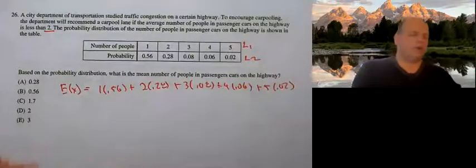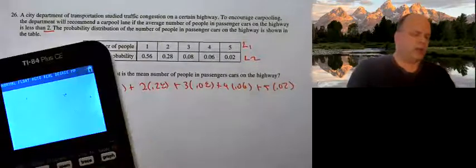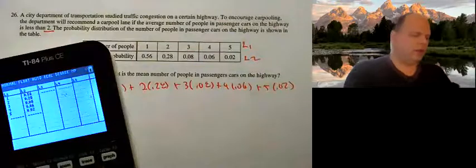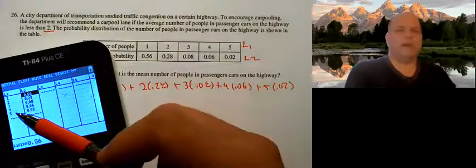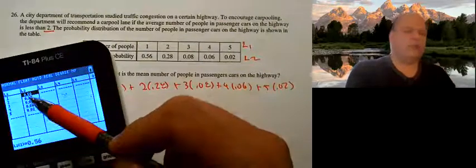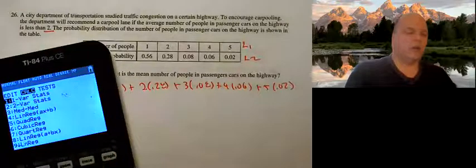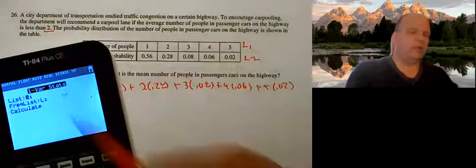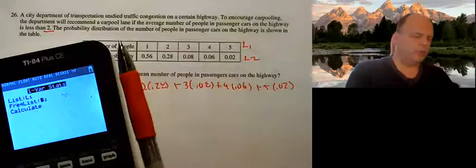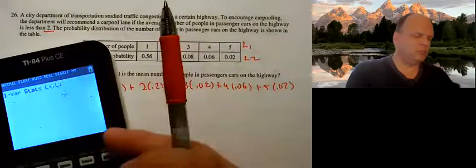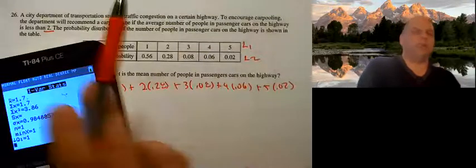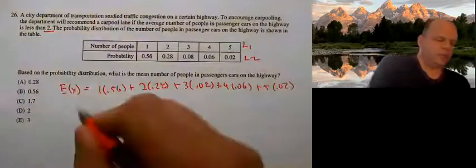That would be work shown on an FRQ test. Here in our calculator, stat edit, 1, 2, 3, 4, 5, and here are the associated probabilities. Stat calc, one variable statistics, list in L1 and L2. And I end up getting an X bar equal to 1.7.